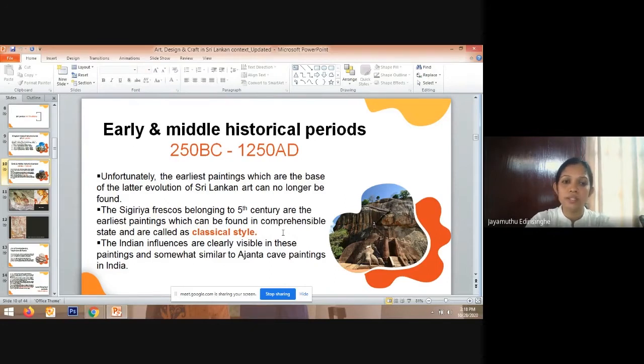It belongs to the 5th century, and Sigiriya is a very big fortress where there were mural paintings, frescoes, belonging to the classical style of art. I'll show some examples so that it will be clearer to you.